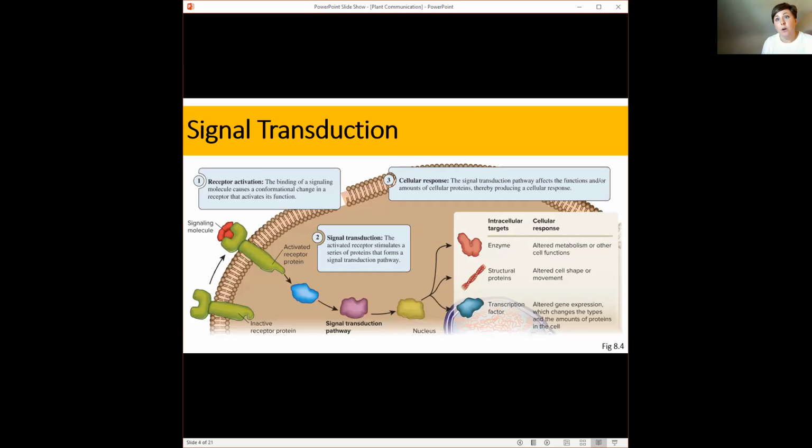Let's talk a little bit more about this process. Before we move on, just keep in mind that cell communication is essentially cells responding to their environment. It enables cells to detect environmental stimuli and respond to that stimuli as necessary. The stimuli are ligands, and these stimuli are detected by receptors.